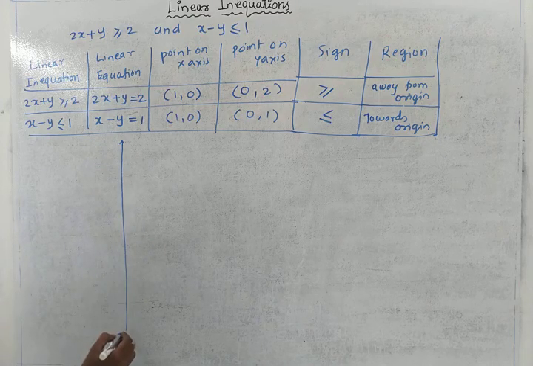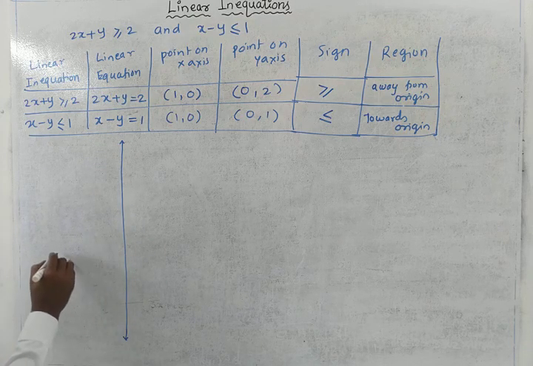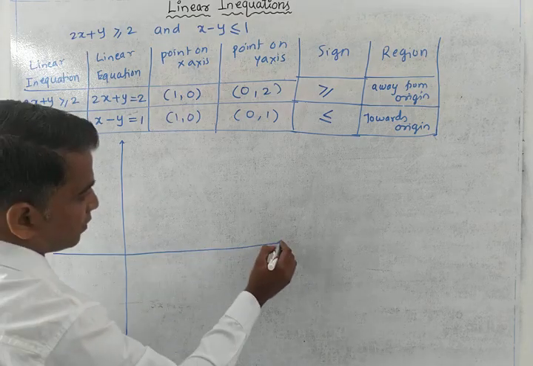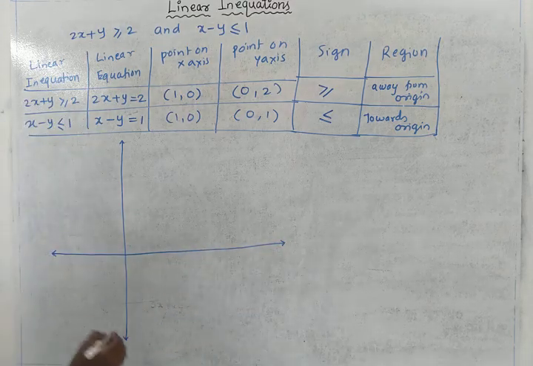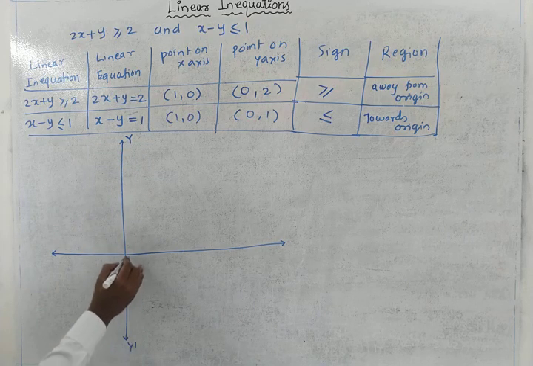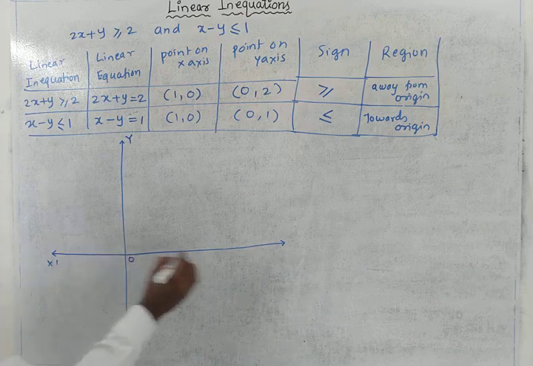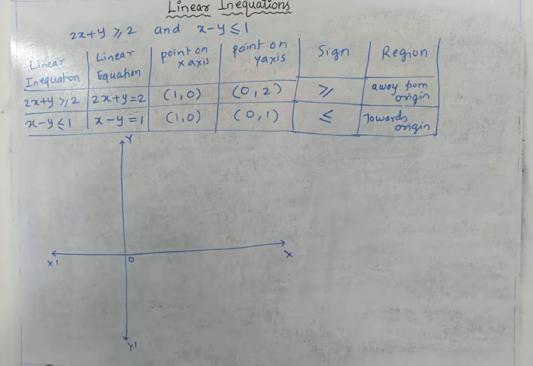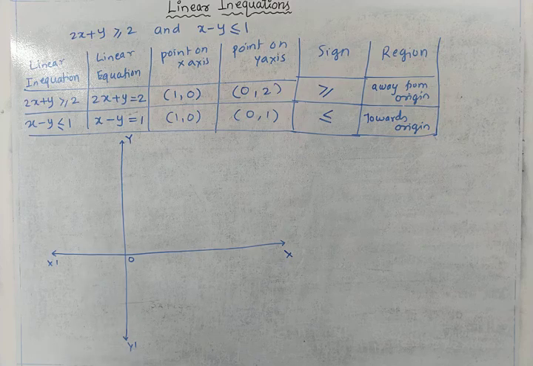So draw the x-axis, then y-axis. So y, y dash, 0, x dash, x. Okay, so these are the lines. Clear?